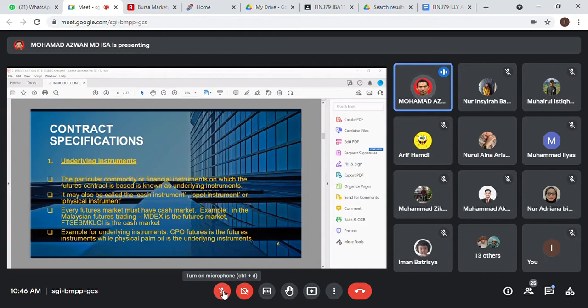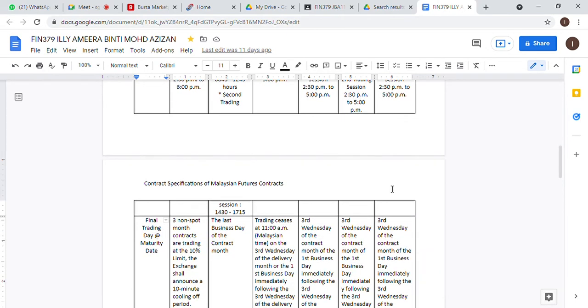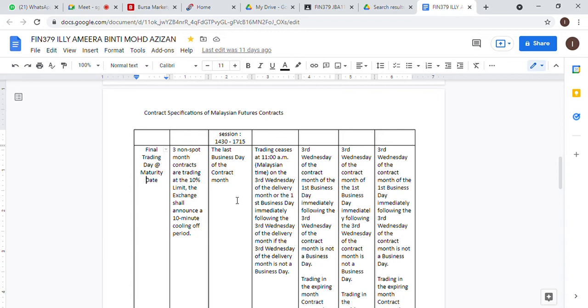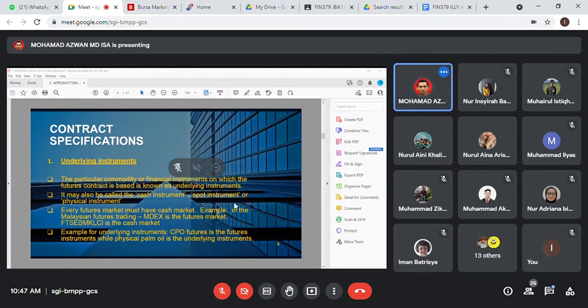Okay, kalau 14 tu hari kerja, so that is the last trading day for the FCPO. Okay, if the 14 also a holiday, then maturity date or last trading day for FCPO will be the 13. Okay, tak faham tak? Faham saya.